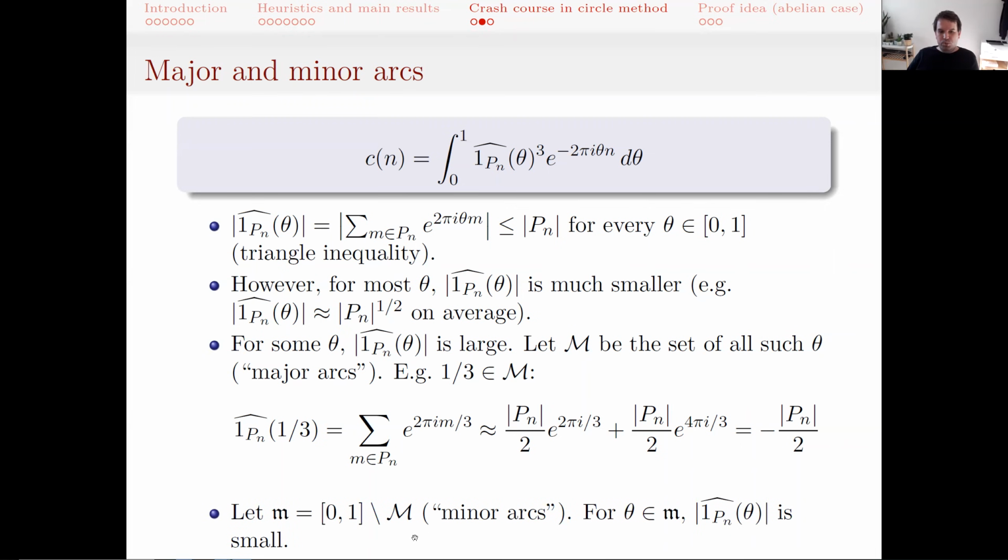And then everything else you put in this set called minor arcs, which we denote by little n. So on this set little n, the size of the Fourier coefficient is pretty small.